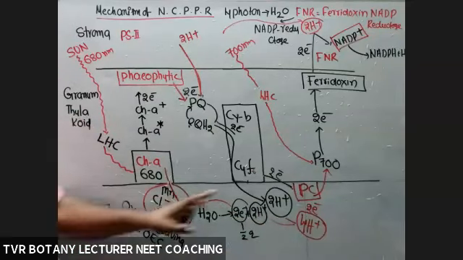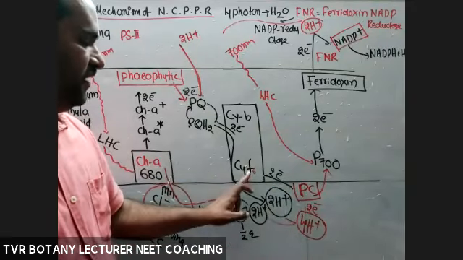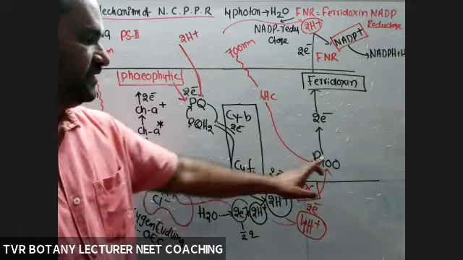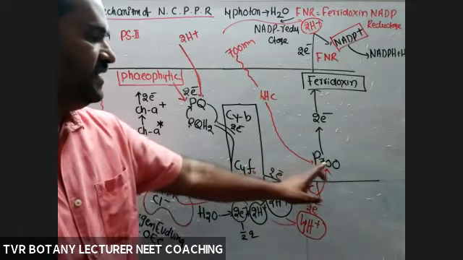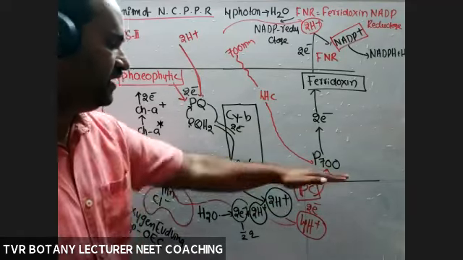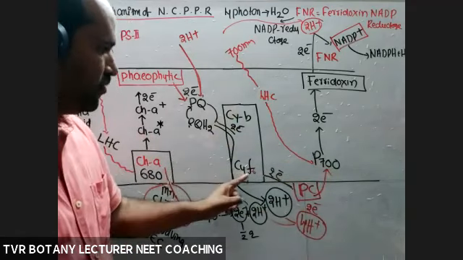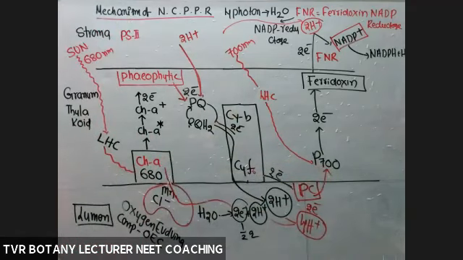It is a mobile electron carrier between the cytochrome complex and P700. So P700 is able to accept 2 electrons coming from PC if it is deficient in 2 electrons. So before causing oxidation of PC, what about the reaction?